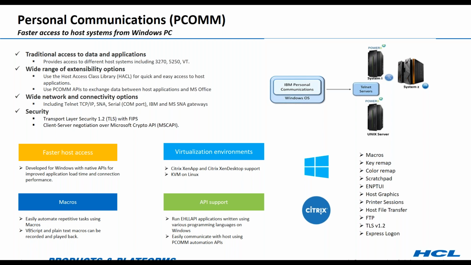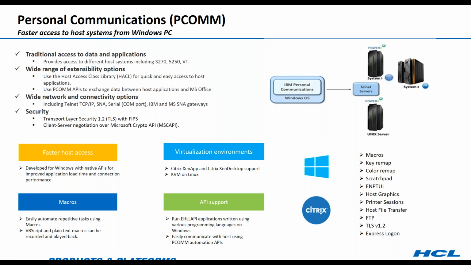It is fast, and it can support a wide range of connectivity options, including Telnet, SNA and COM port, and IBM and MS SNA gateways. Basically, the IBM gateway is the Comm Server and Microsoft's gateway is the HIS server.